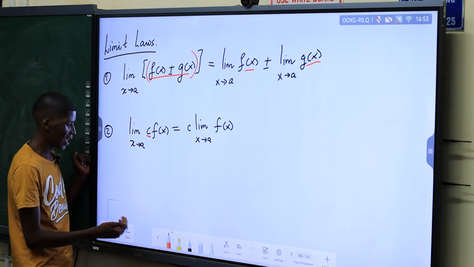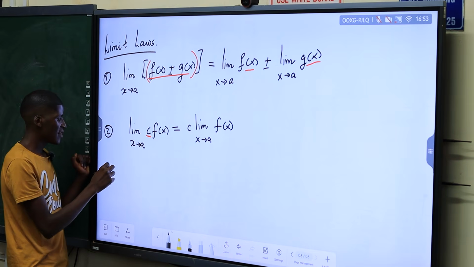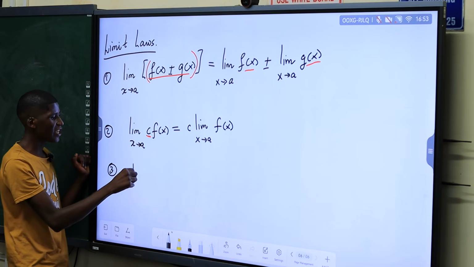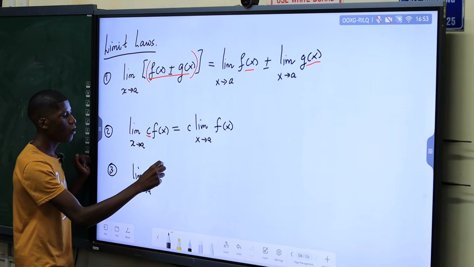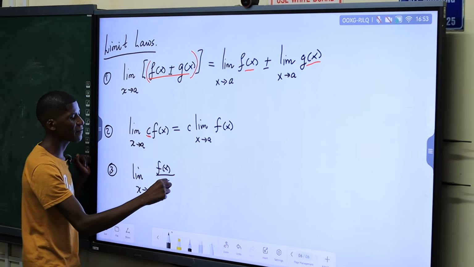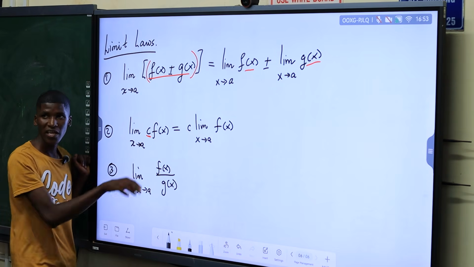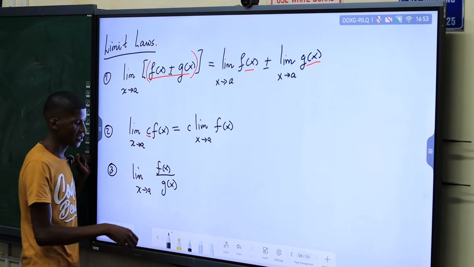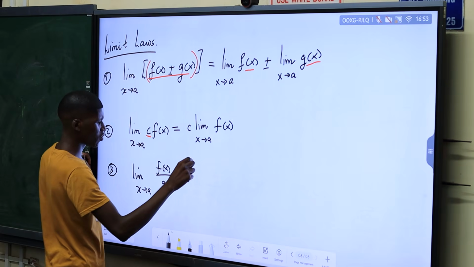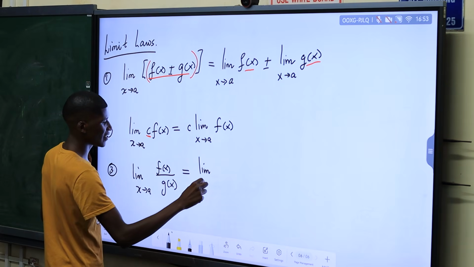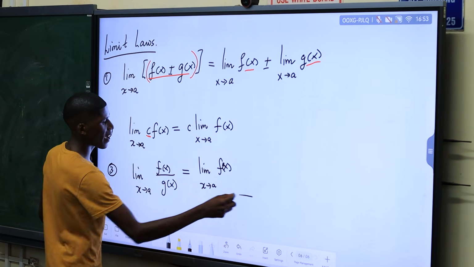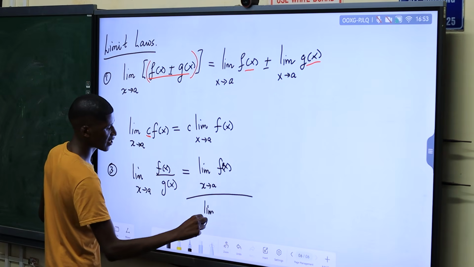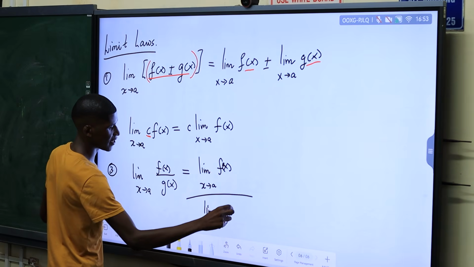So that's another limit law. Then we can have a limit of a quotient. The limit as x goes to a of a rational function. Remember, a rational function is dividing two functions, f of x over g of x. This must be equal to the limit as x approaches a of f of x over the limit as x approaches a of g of x.